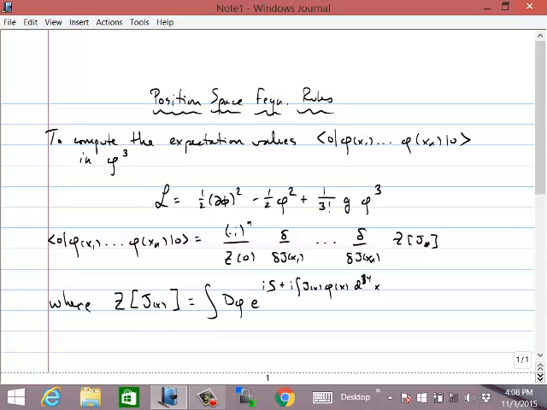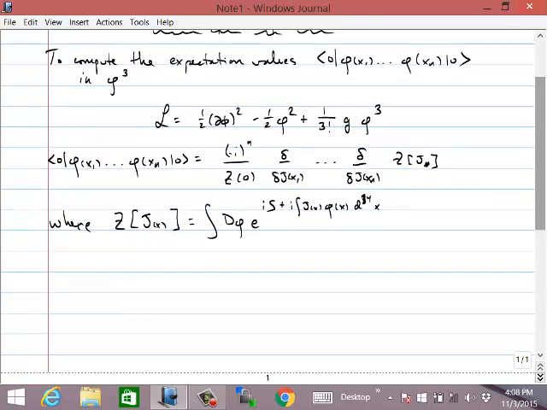So just to summarize, Z is a function that depends on an arbitrary source. To some extent, you can think of Z as a function that captures how your quantum field theory will behave when you introduce some source. And if we vary Z with respect to the source and then set the source equal to 0, then that computes for you some correlation function.